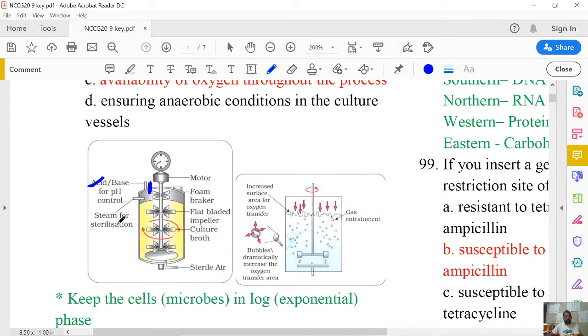So this is the steam for sterilization, and there is a foam breaker on the top because there is a possibility of foam during the fermentation process. So in the case of sparger stir tank bioreactor, here there will be sparging of smaller bubbles. So as smaller the gas bubble is, higher the surface area to volume ratio, therefore more exchange of gases will be. So that is shown here.